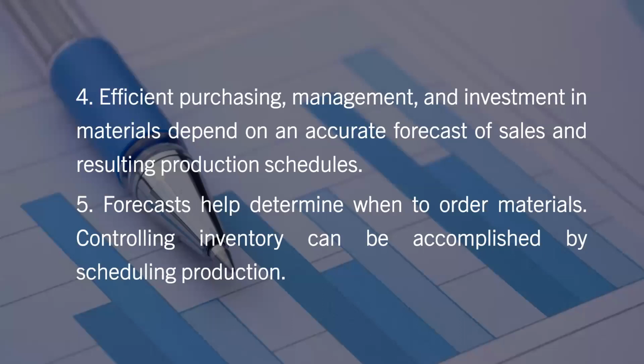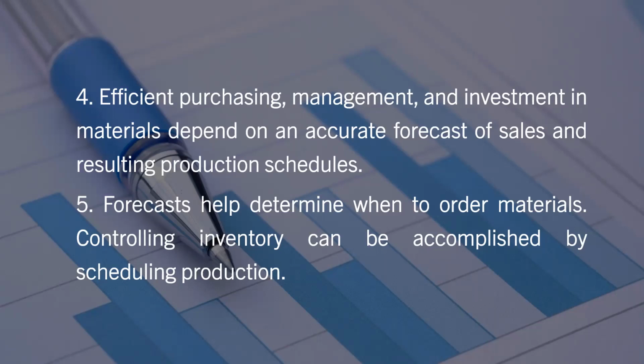Also, efficient purchasing and management of our investment in materials depends on how accurately we forecast sales and how well we schedule production. Why is that our consideration? Of course, we need to first identify the demand for our product.